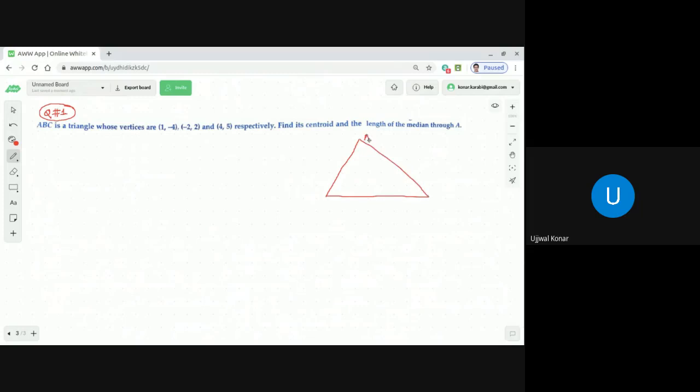So this is the point A having coordinate (1, minus 4). This is the point B having coordinate (minus 2, 2). And this is the point C with coordinate (4, 5).